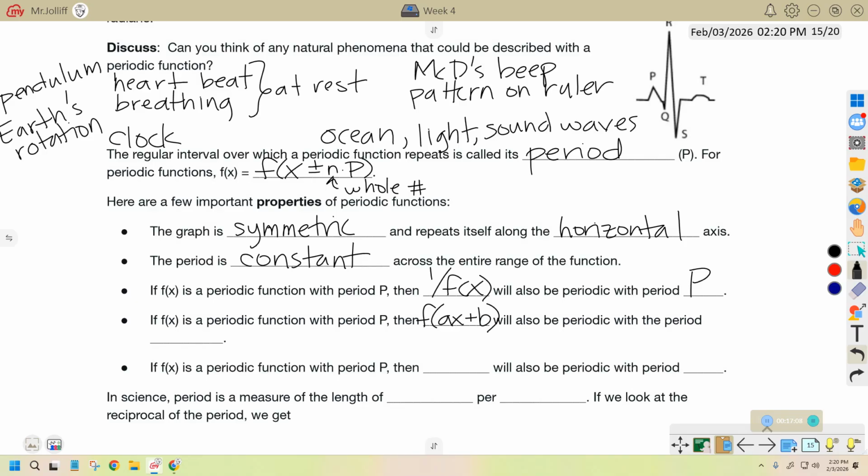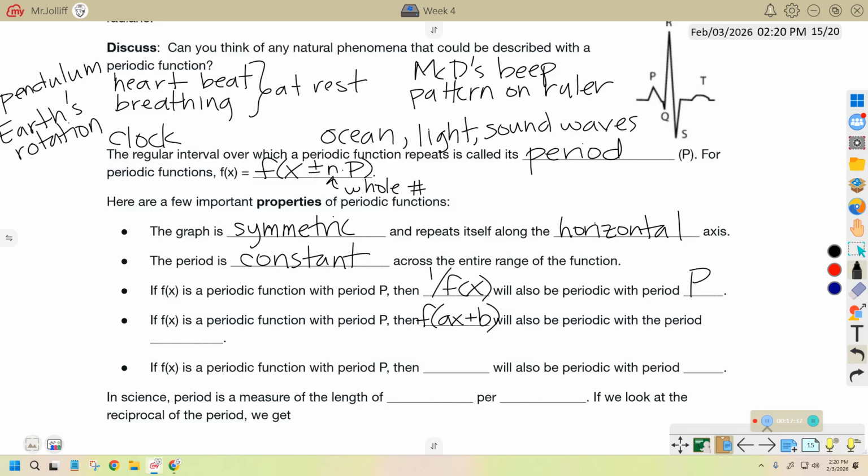Because the transformations are inside the parentheses, they're happening on the horizontal axis, the x-axis. So with a, we're grabbing the edges of the graph and stretching or compressing. b is taking the graph and sliding it side to side without changing the shape.